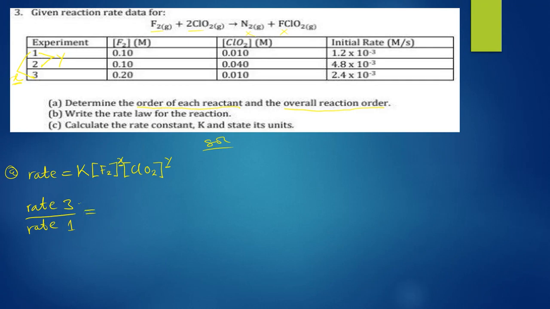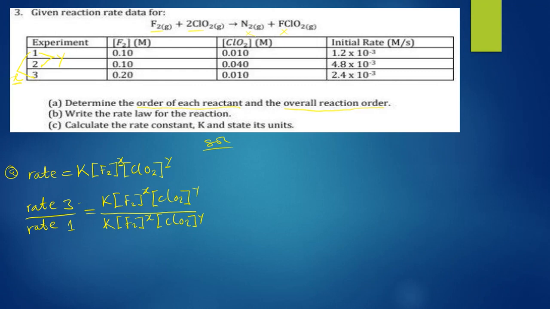Here you just have to maintain the general form of the rate law, then you raise it to X, then you raise it to the order Y, over, then here you just write the general form of the rate law, raise it to X, then raise it to Y, and then you just have to substitute.